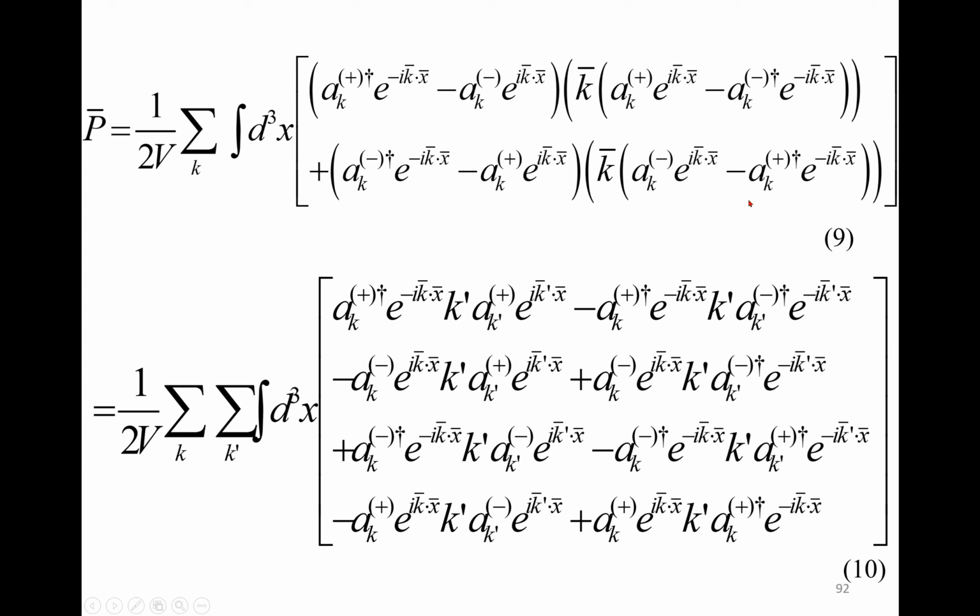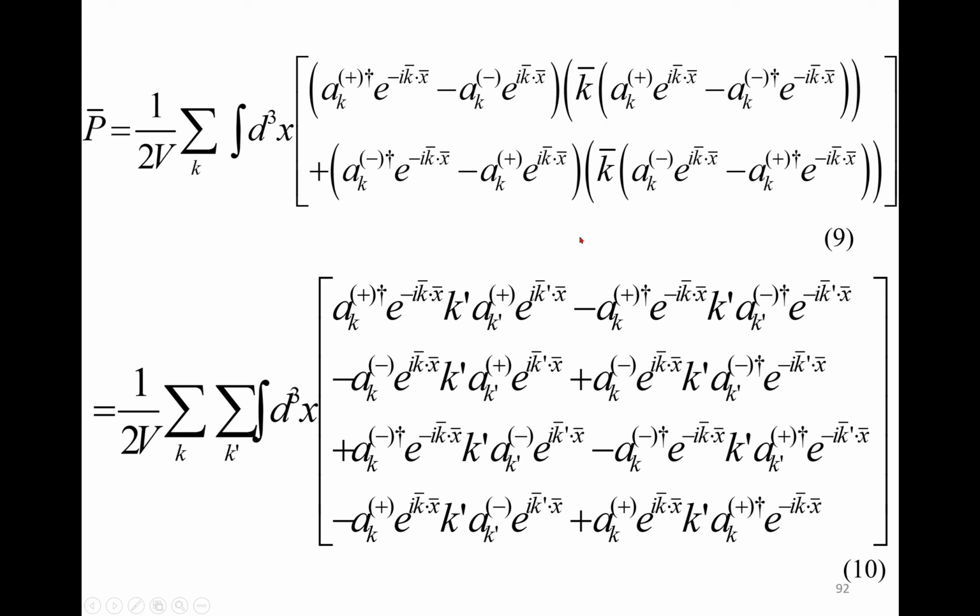Now we are going to multiply. We can multiply the first term with the first term of the second expression, and the second term with the first term, and the second term with the second term of these equations, so that we can multiply these equations very easily. So let us multiply now. The first term with the first term will give me a_k plus dagger, and you have e power minus ikx here, multiplied by k, so k will become k prime, as I said earlier.